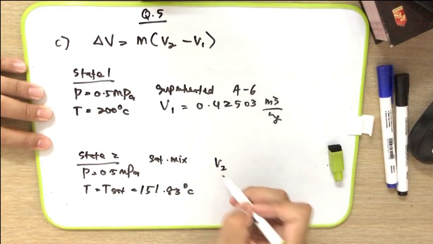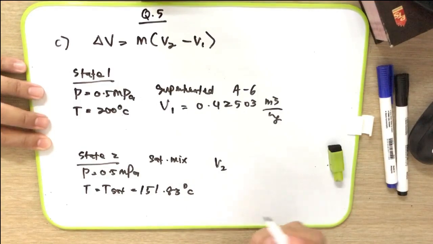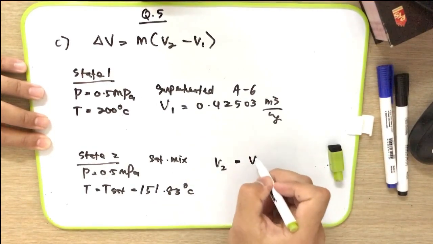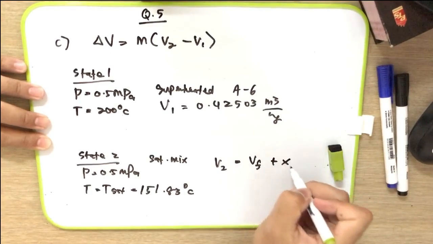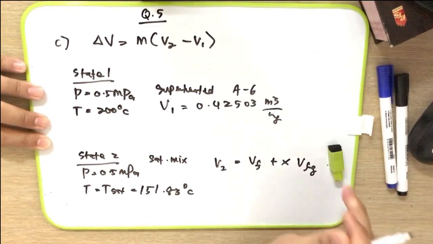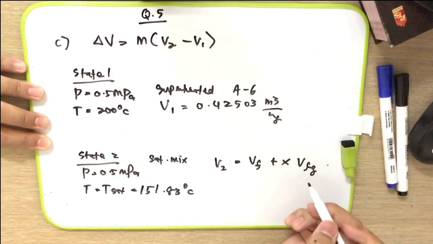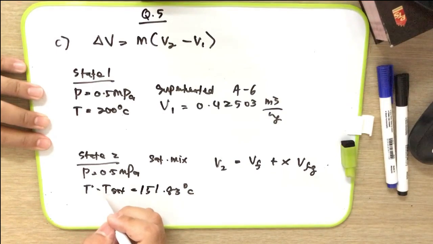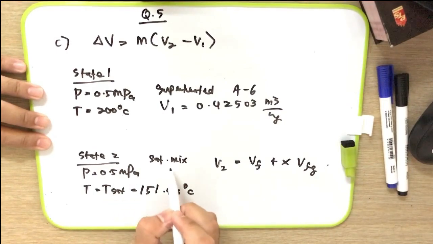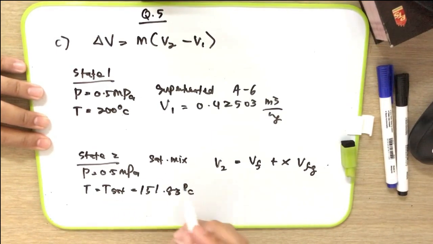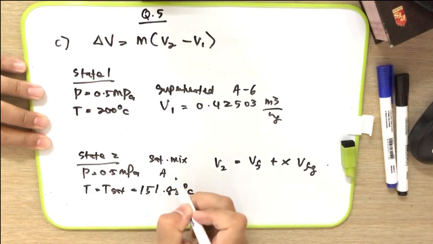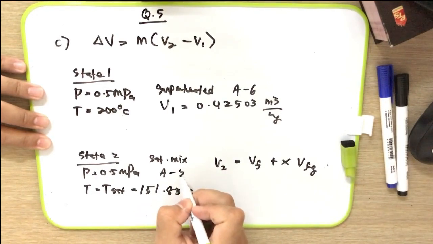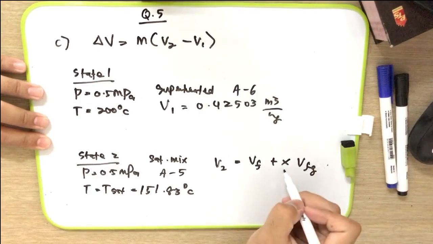But the problem is V2, it is a saturated mixture. How to find V2 for a saturated mixture? We need to find it through this equation, V equals Vf plus x Vfg. Vf we can find, and Vfg also, because we have P and the phase, so we can find it through table A5. But the problem is x.